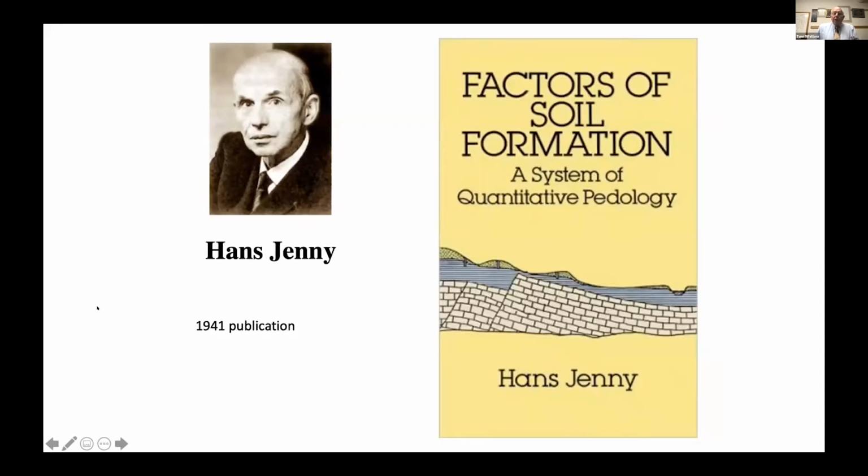I want to mention just briefly Hans Jenny, who many think of as being the father of modern soil science. In 1941, he published a book called Factors of Soil Formation. Jenny was a professor at UC Berkeley, by the way.